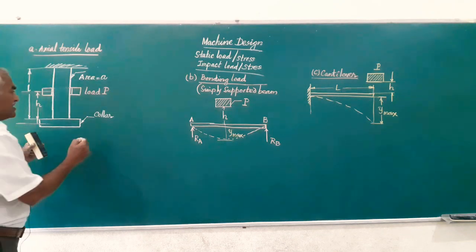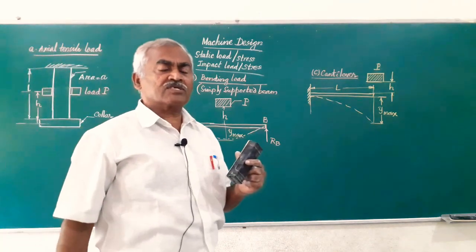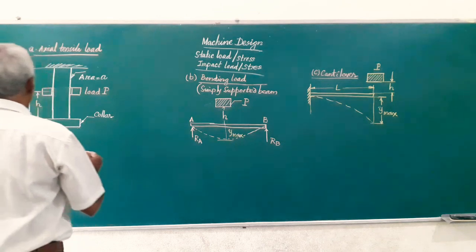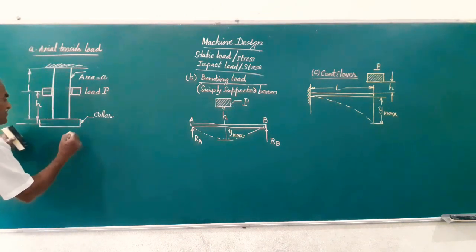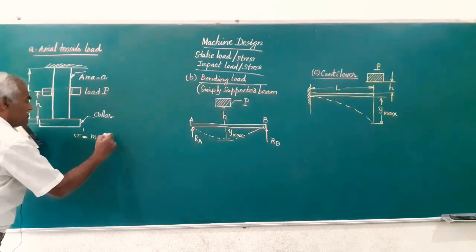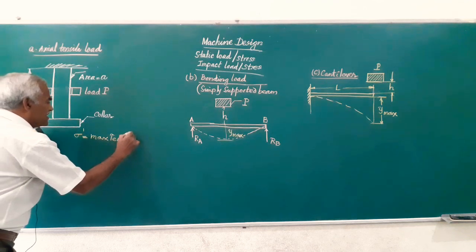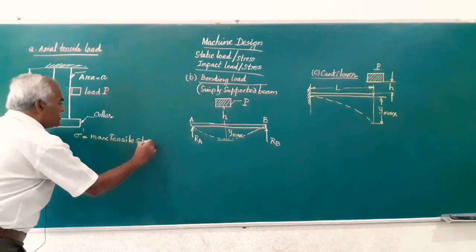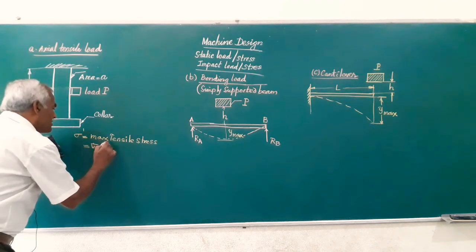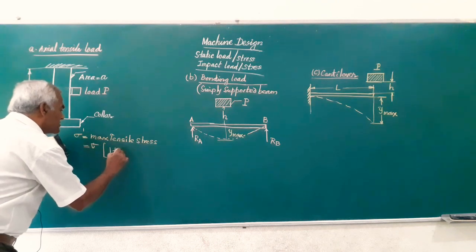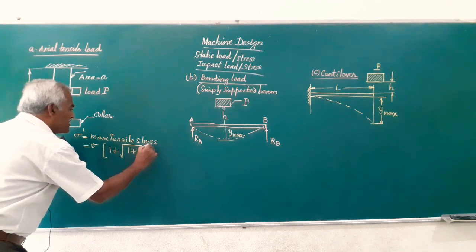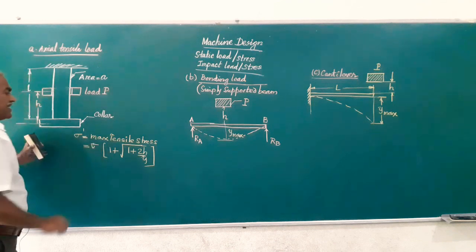Friends, here the relation between the maximum stress and the static stress is given by this formula. I am going to write the formula as sigma dash, that is the maximum tensile stress induced in the member due to impact, is equal to sigma multiplied by 1 plus square root of 1 plus 2h by y. These equations are available in the data handbook.